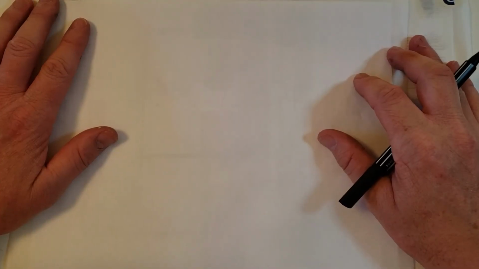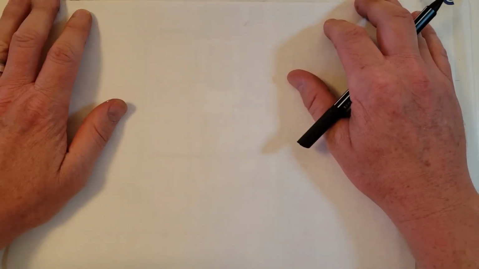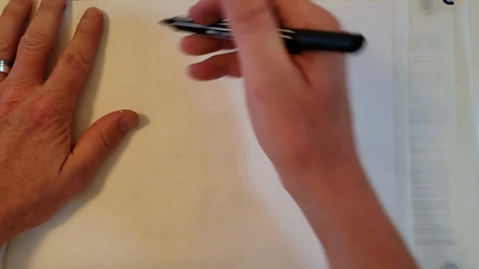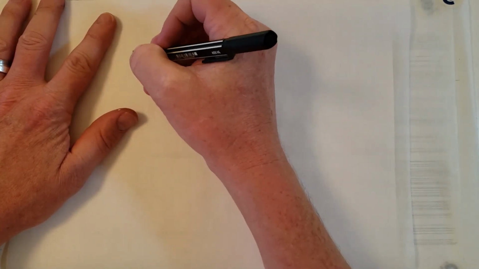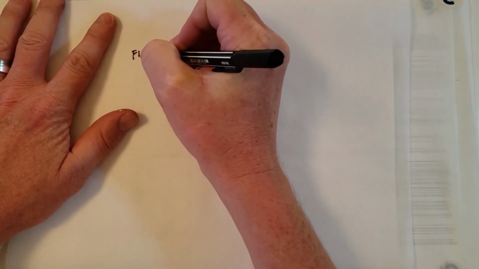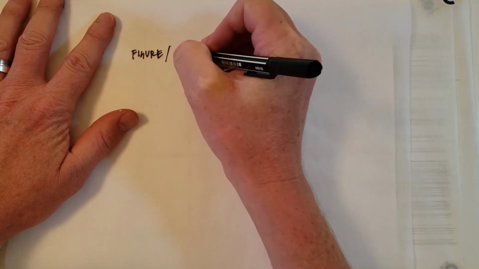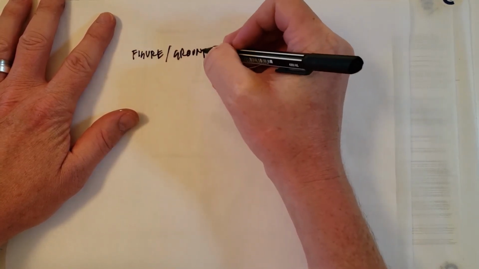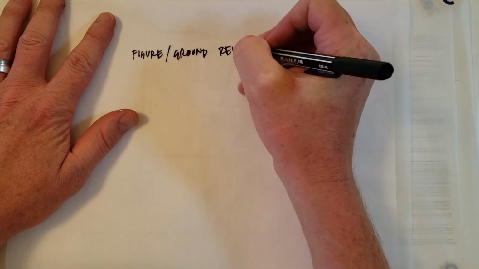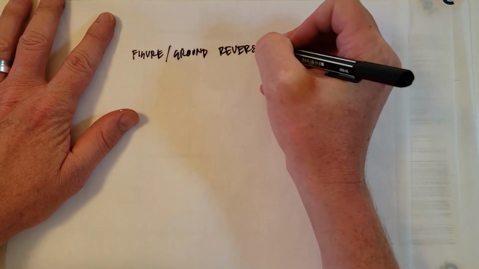So how do we know if a figure ground drawing is interesting or not? I think there's probably 3 criteria. The first would be figure ground reversal, or activation of the negative space.